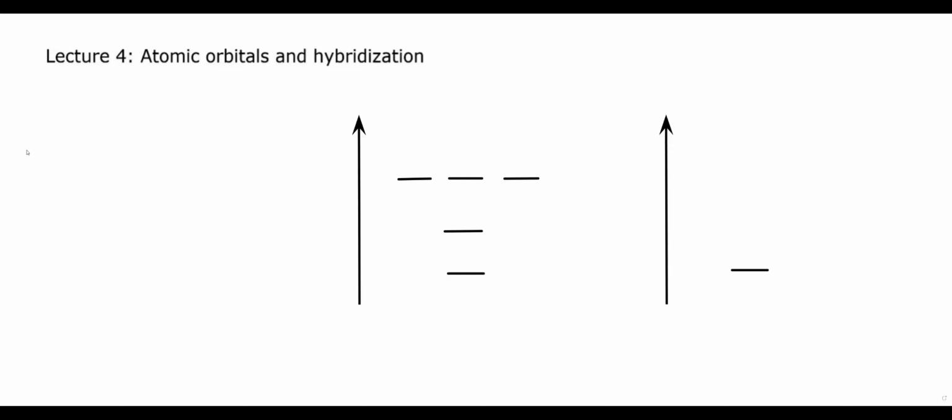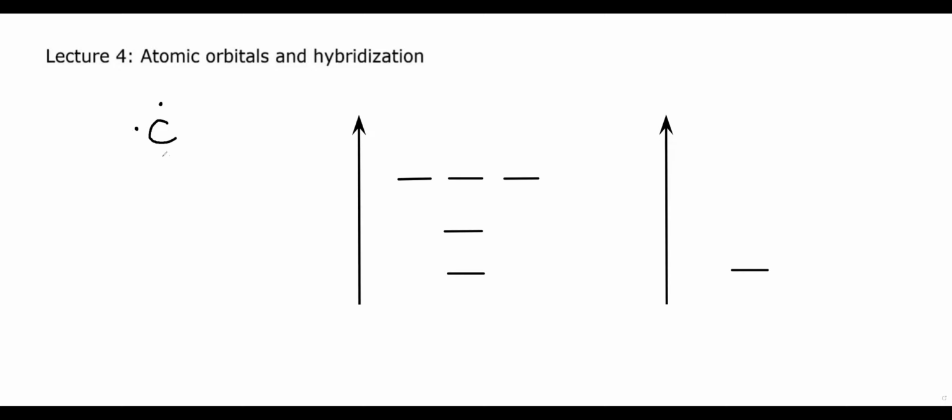Okay, so using all that information that we have so far, let's introduce a little problem we have. This problem is with carbon. Let's consider carbon's Lewis dot structure.